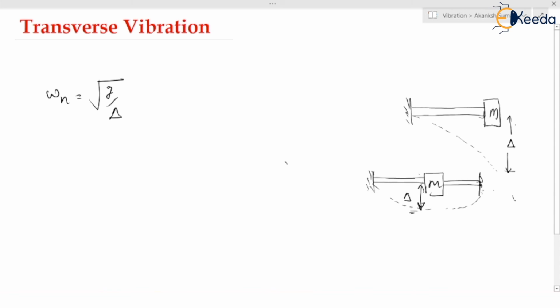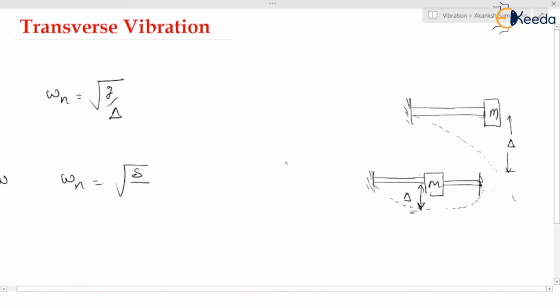Now if in the question it is directly given that there is a stiffness of the system for transverse vibrations, then you need not apply this formula. Omega n is equal to under root of s by m, you know that this is the general formula. What is s here?